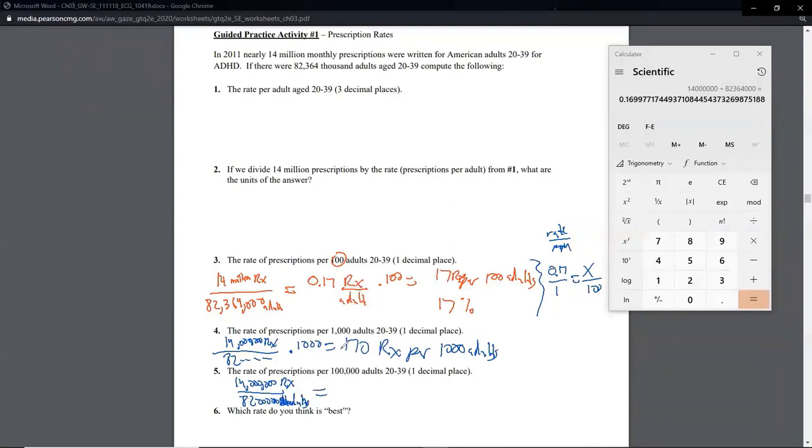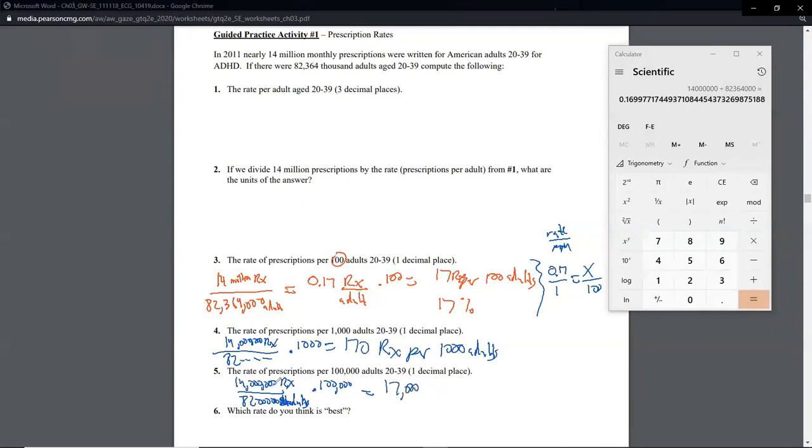Even my handwriting is not this bad on a whiteboard. This looks terrible. And then you're going to multiply it by 100,000. And some people would have this answer as 17,000. And then it would be prescriptions per 100,000 adults.